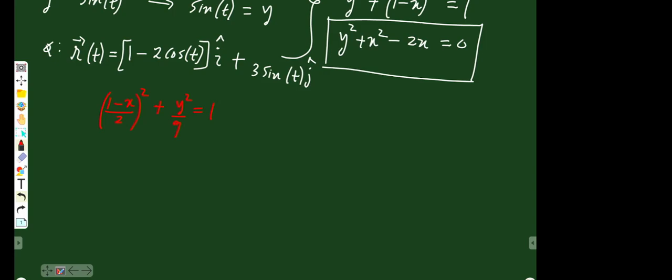Now this one, if you want, you can write (x minus 1 divided by 2) squared plus y squared divided by 9 is equal to 1.